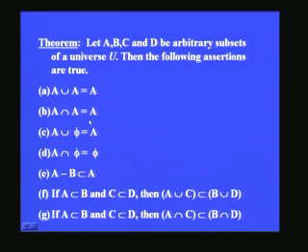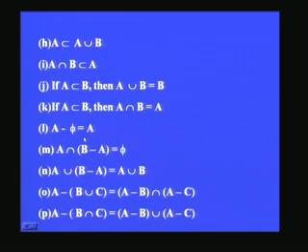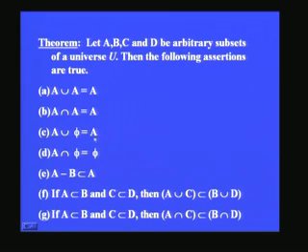And if you add the empty set to A, A union phi, in essence you are not adding anything. So, that is A. And A intersection phi means it will consist of all elements which are common to A and common to the empty set, but the empty set does not contain any element. So, this is equal to the empty set.